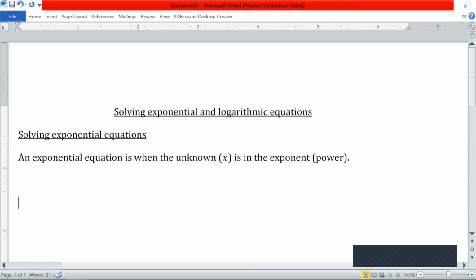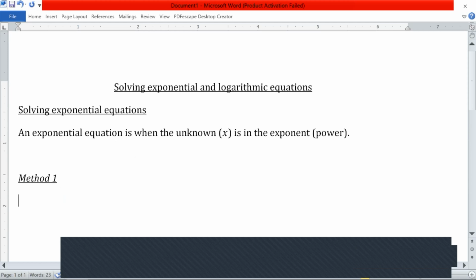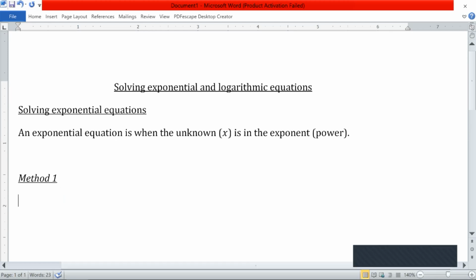So I will show you two methods in which you can solve an exponential equation. Method one. Now you write with me. Method one. You can apply this method one if your exponential equation has a certain specific format. If your equation has this format, you can use this method, and you will understand why this method works for such a format.